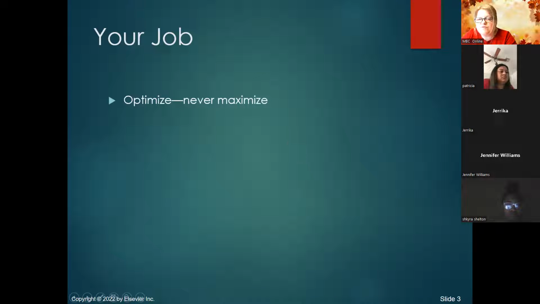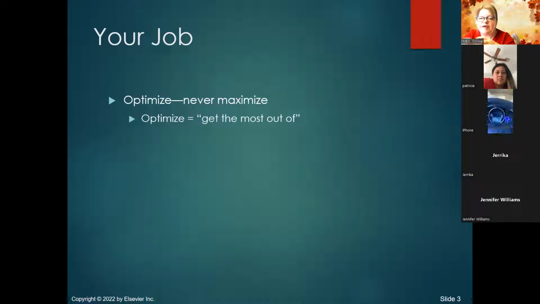As a coder, you want to optimize, not maximize. And what I mean by that, optimization, you're trying to get the most out of it. As an example, if I'm coding and I get a chart from the office and they used, let's say, a low level new patient visit, it was a 99203, okay?